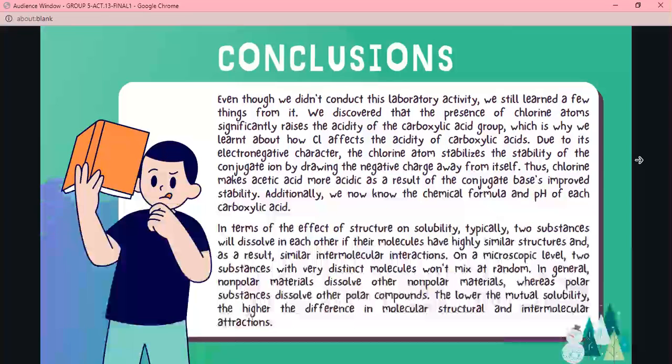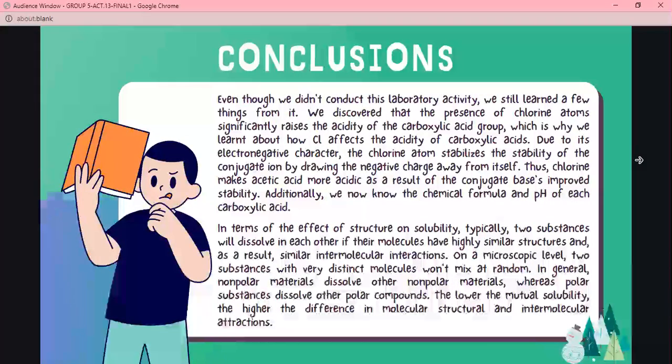So for the conclusion, even though we didn't conduct this laboratory activity, we still learned a few things from it. We discovered that the presence of chlorine atoms significantly raises the acidity of the carboxylic acid group, which is why we learned about how chlorine affects the acidity of carboxylic acids.